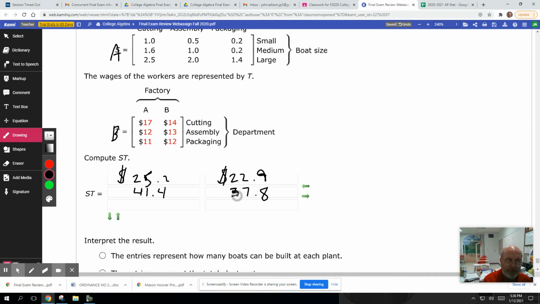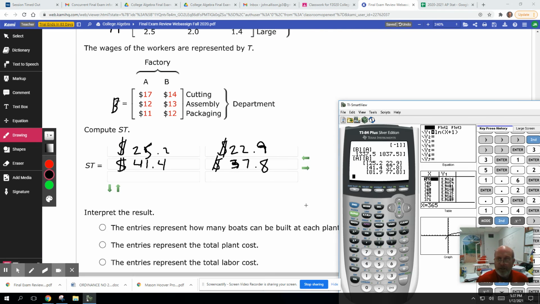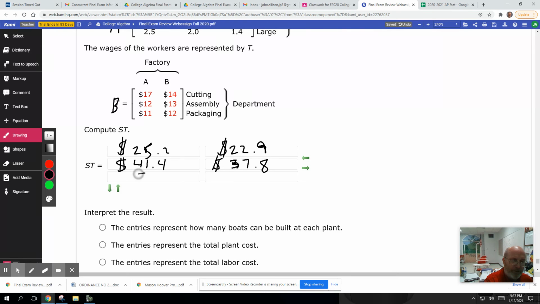Again, dollars, because we're talking about computing the cost for the boat. And our last row, 81.9 and 77.8. And again, dollars.